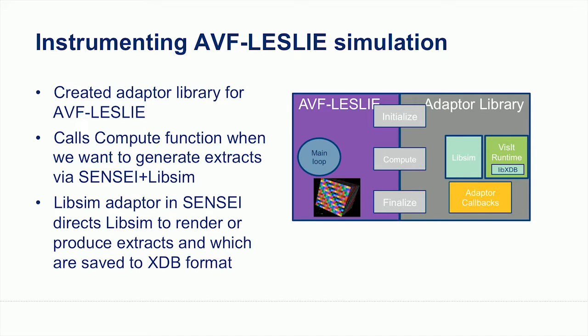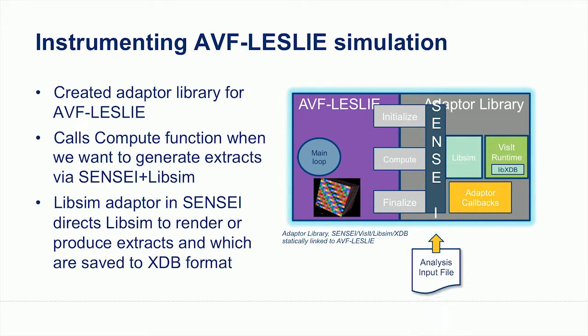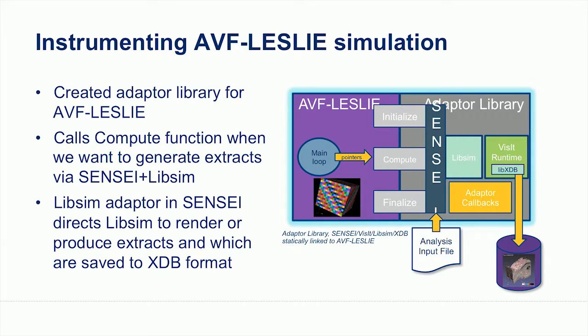Adapter callbacks are the hooks into Libsim in the Libsim analysis adapter, with SENSEI in between all of this. And SENSEI, of course, gets the XML file. So as this simulation runs, AVF-LESLIE, he's using zero copy, sending pointers over through the compute. Data gets pushed through SENSEI, through Libsim, and eventually goes down to disk as XDBs.